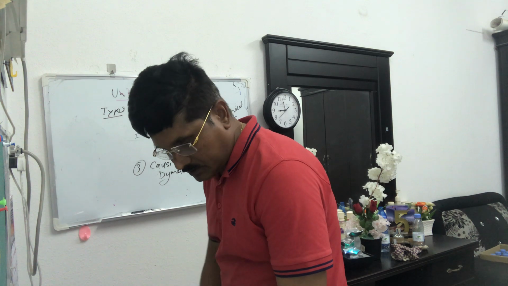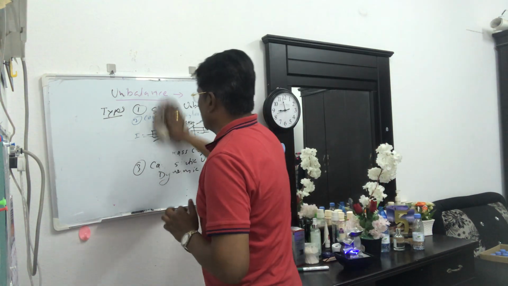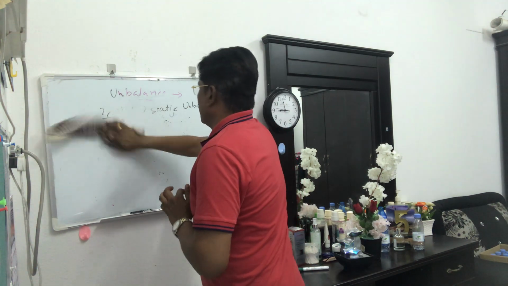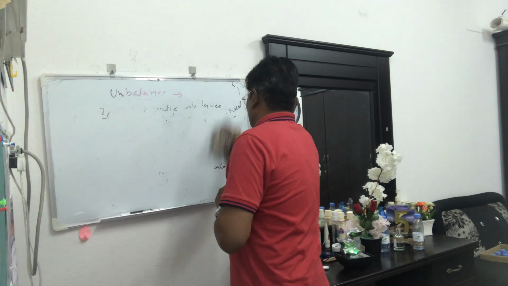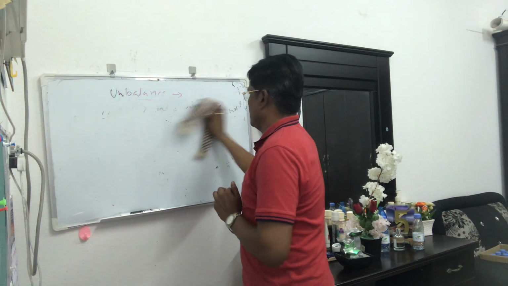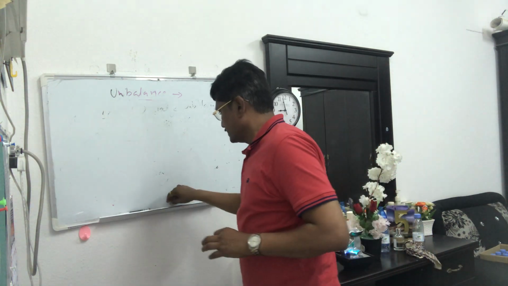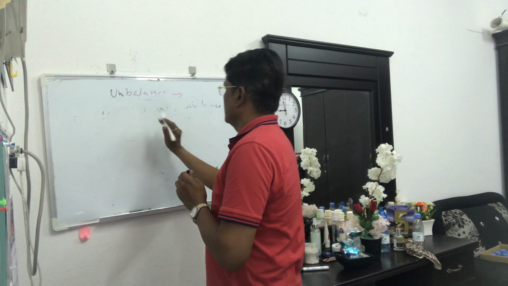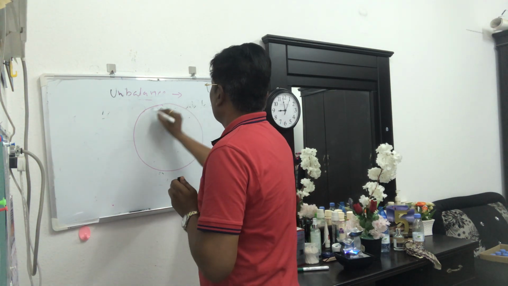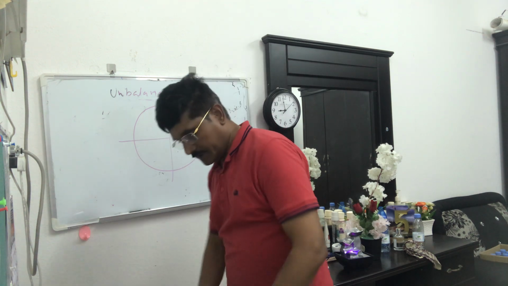I will explain it with a small polar diagram so that you will get a clear idea about how to rectify dynamic unbalance in the field for big machinery. Suppose we'll go step by step.